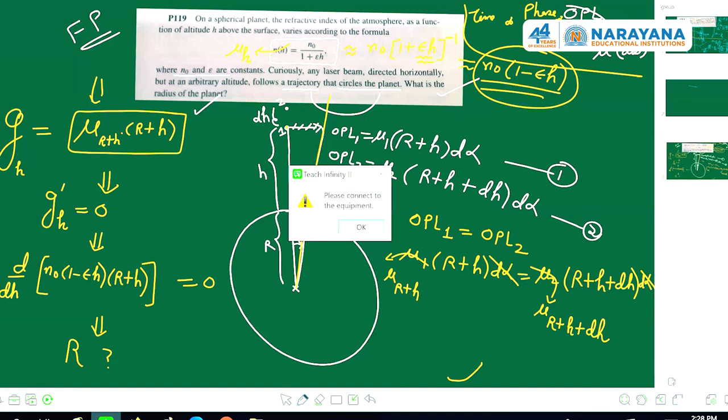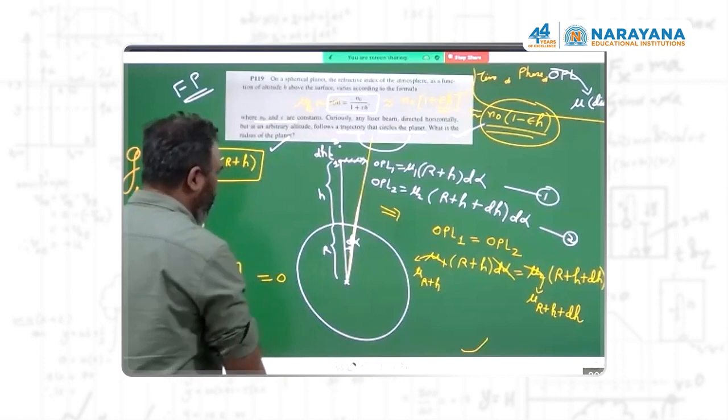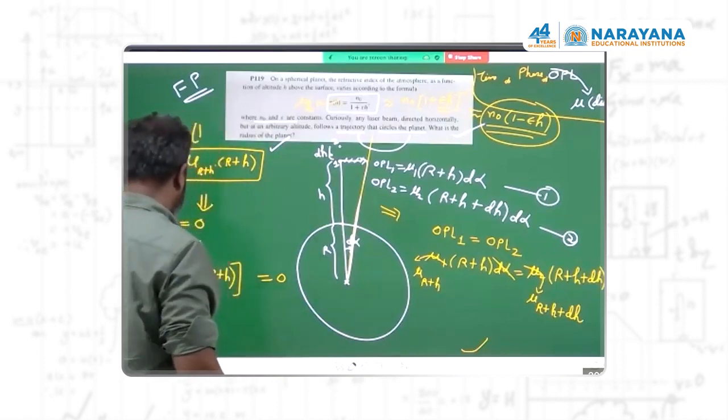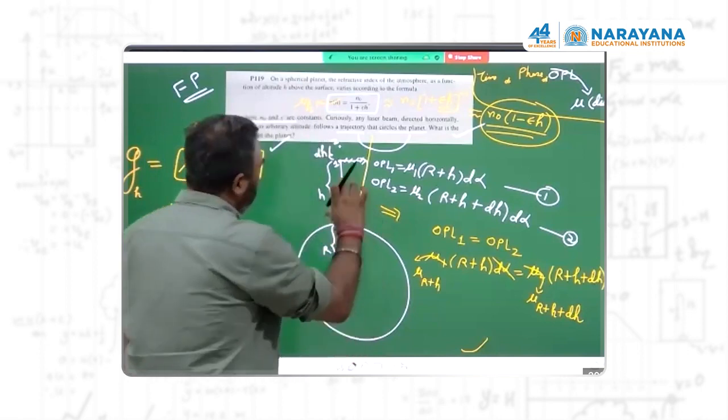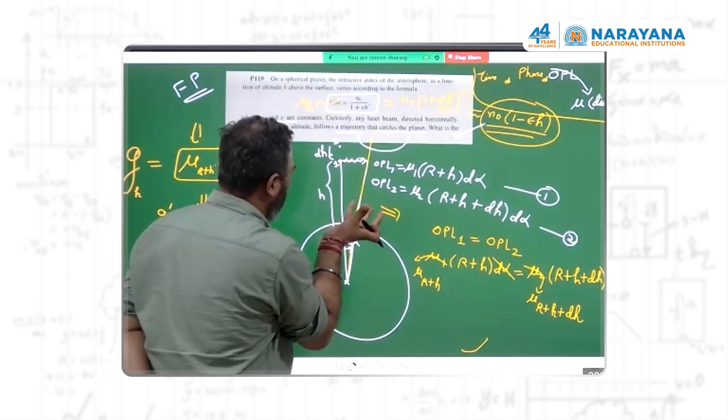Another way is also there to look into it, but this was one straightforward way of looking into the problem. I'll just explain the concept to you and then we'll go back to the equation, the final step, which is now simple. I have only used this basic concept that if I want this ray, I indirectly use Fermat's principle to solve.